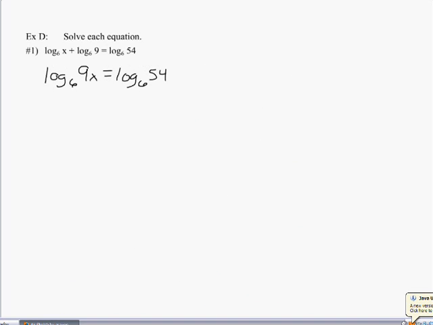So at this point, we have one logarithm on each side of the equation. They have the same base of 6. Therefore, we can say that 9x is 54. And now we don't have any logarithms at all. We're just doing algebra 1. Divide both sides by 9, and you get x is 6.